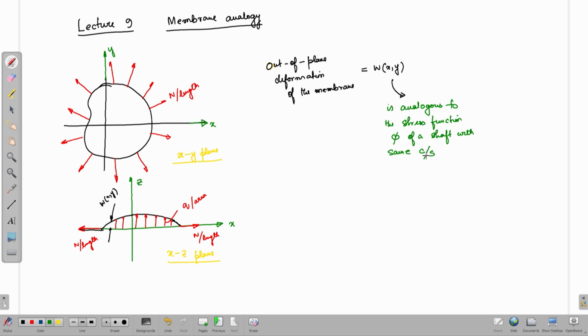Okay. Let me explain this. If we can visualize a membrane whose shape is similar to the shape of the cross section of a shaft which is under torsion. So, let us first understand this point. I have two things. I have a membrane which has a certain shape, arbitrary non-circular shape, and I have a shaft which has the same arbitrary non-circular cross section.